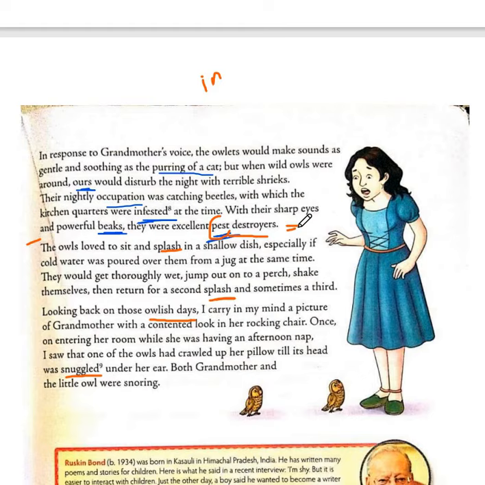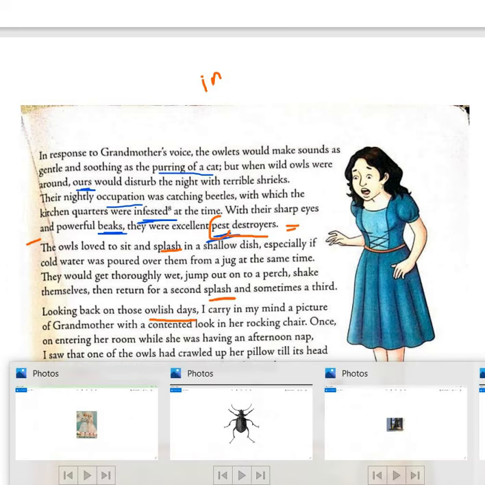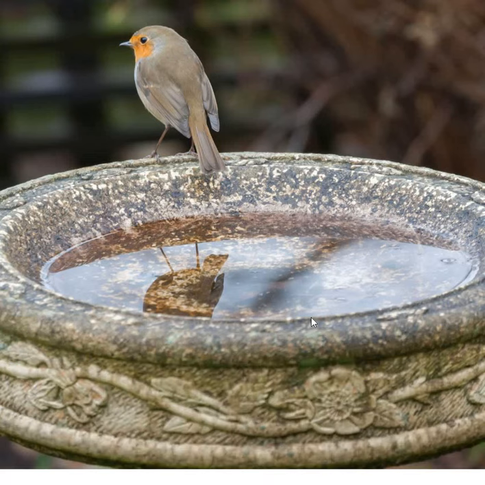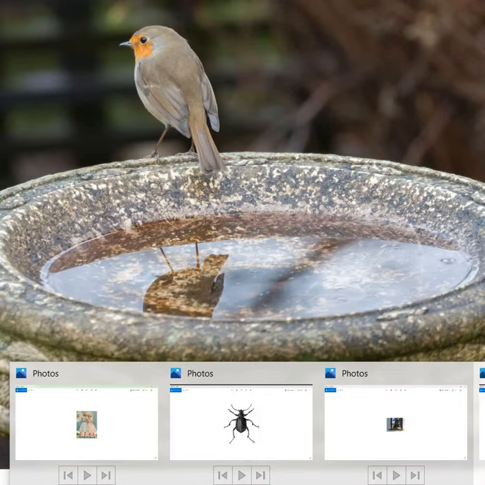Okay, now in today's class we shall be starting from here. The owls love to sit and splash in shallow dishes. I have shown you what a bird bath is. You have already seen this. So this is a bird bath. If water is given, they used to sit here and splash the water.